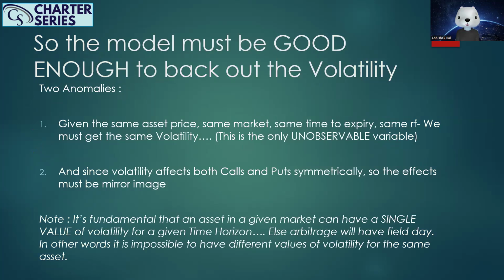Because if it is so, then arbitrage will definitely come in, just like an asset in a given market at the same time, or even in two different markets, cannot have two different prices, adjusted for exchange rates and transaction costs and tax, etc. Those extraneous costs, if we discard them, then obviously they cannot have two different prices because otherwise arbitrage will set in. So the same principle follows with regard to the volatility of a given asset. In the same market, for the same time horizon, an asset cannot have two different volatilities.